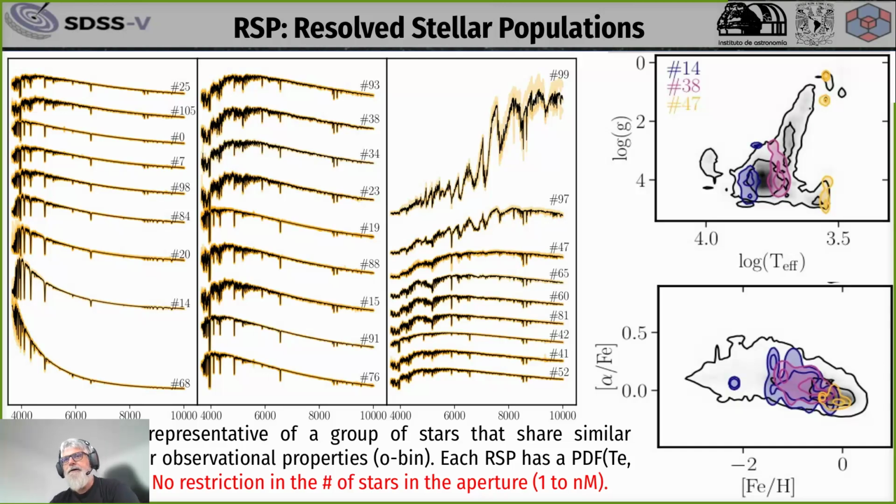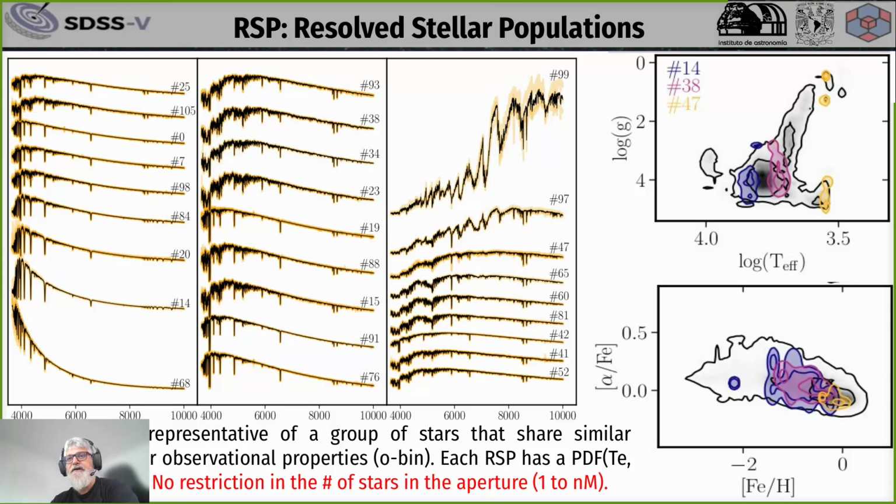characteristic stellar spectra. And from there, we make an analysis of clustering in the observational parameter space, in the spectra. So those stars that have spectra, as I said before, that cannot be distinguished, are glued together and create an RCP, and their physical parameters are sampled in this PDF that is included.